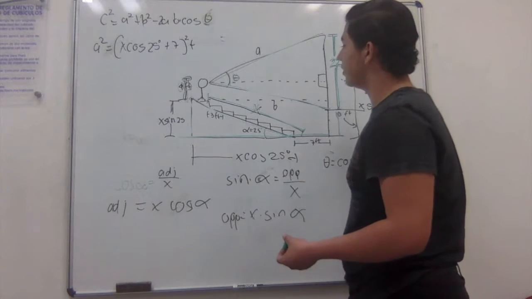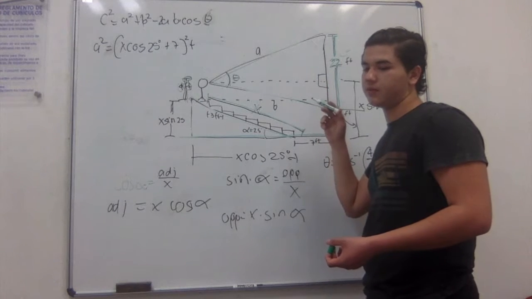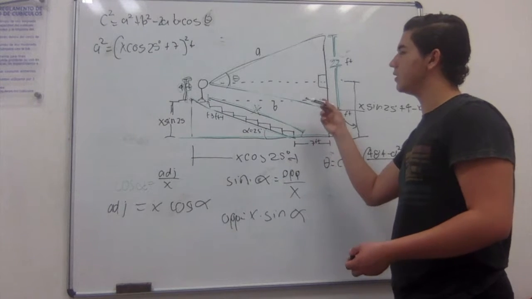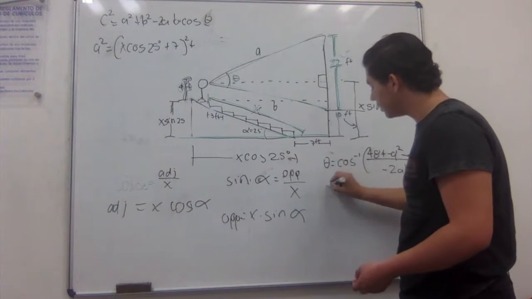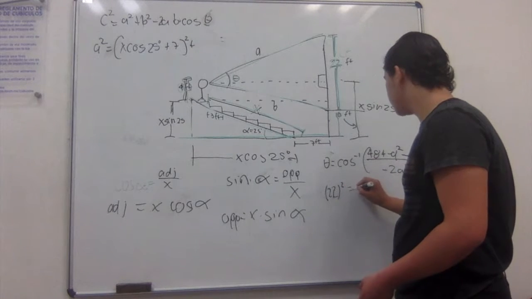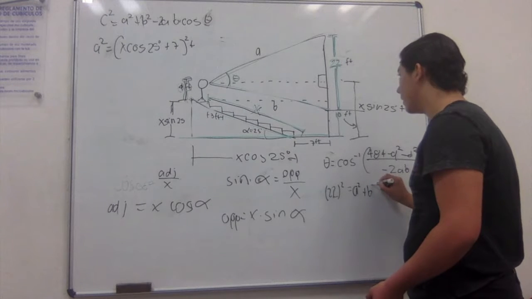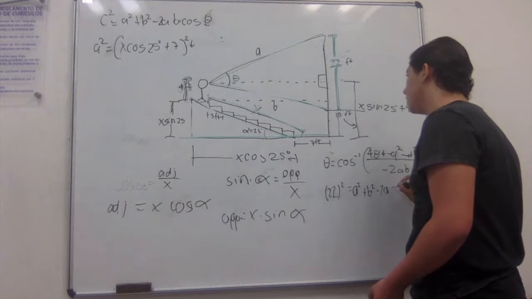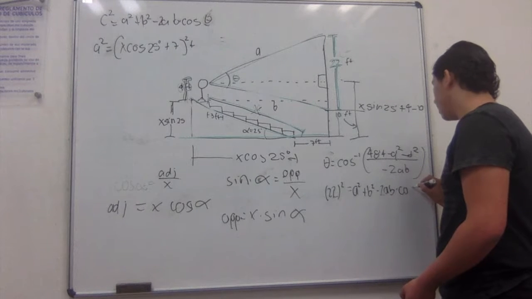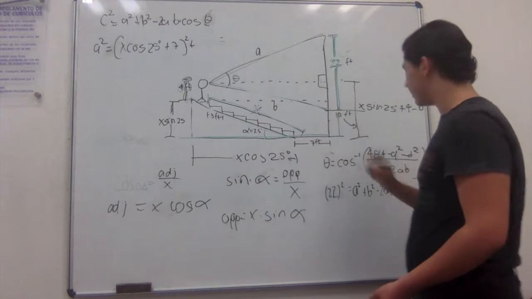So now we're going to explain each side of the formula. With the law of cosines, c, in this case 22 squared, equals a squared, we don't know the measurements yet, plus b squared minus 2ab times cosine of alpha.